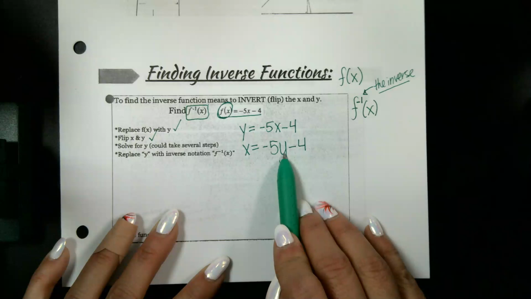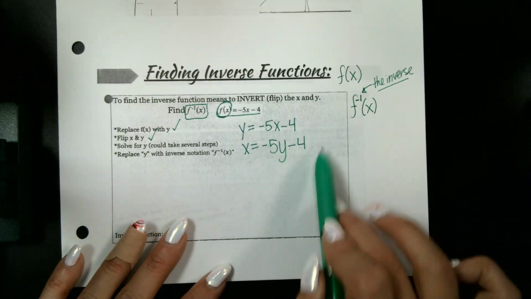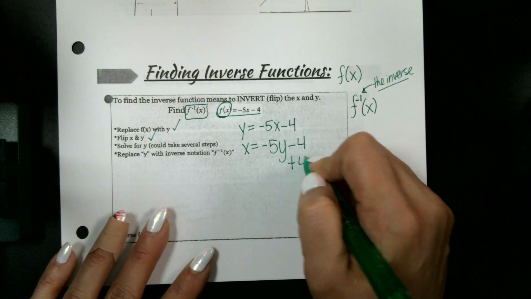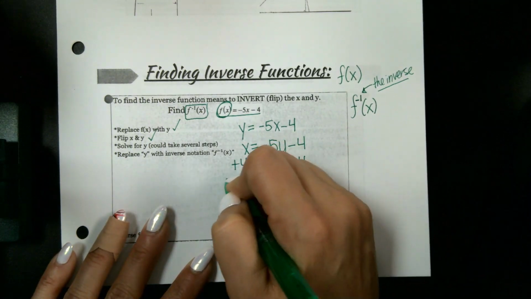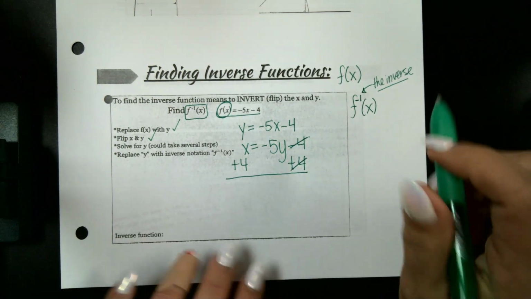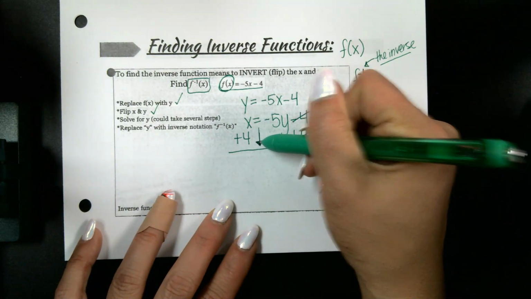Now, the last step is doing whatever it takes to get this letter by itself. So we need the y by itself. What number can I move from this side? 4. If that says -4, we should all be adding 4 to both sides of the equation. Now on the left side, can you actually combine x and 4?